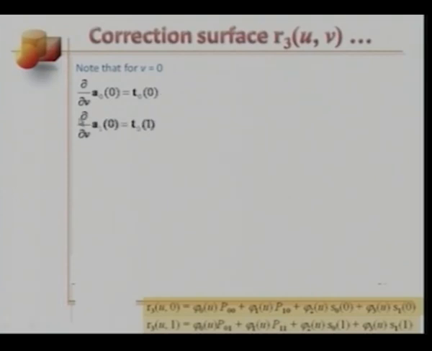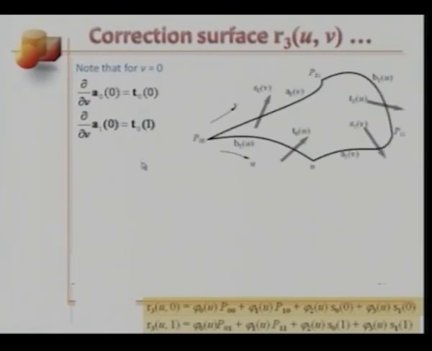Likewise, partial of a1(v) over partial v, where v equals 0, is equal to t sub 0 evaluated at 1. This is our balloons patch. This vector here would correspond to t sub 0 evaluated at u equals 0. Likewise, this vector here will be equal to t0 for u equals 1.